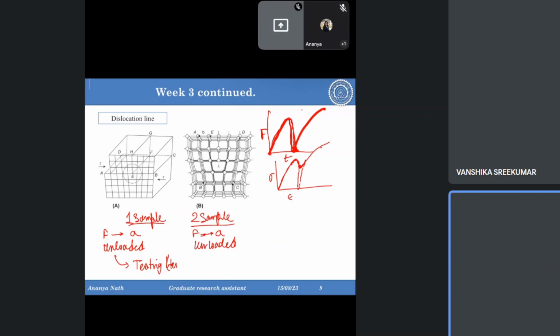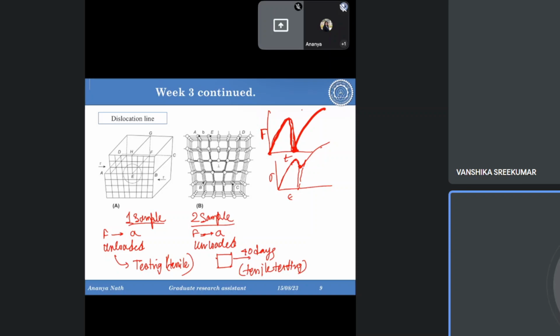I am going for the tensile testing, and for sample 2 I am keeping this material in my sample box, and after 40 days I am going for a tensile testing.